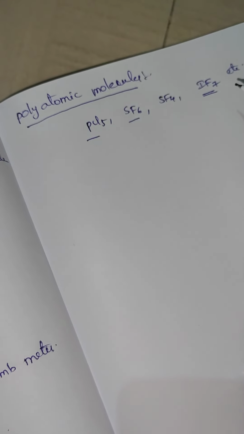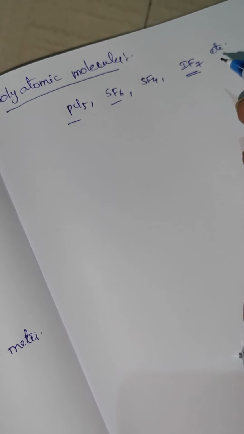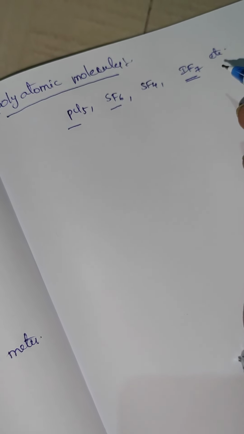Symmetrical means the dipole moment is 0. Regular geometry means the dipole moment is 0. All in the same plane also means the dipole moment is 0. For polyatomic molecules, with symmetrical, regular structure or regular geometry, the dipole moment is 0.